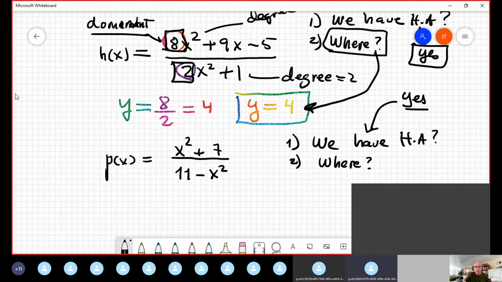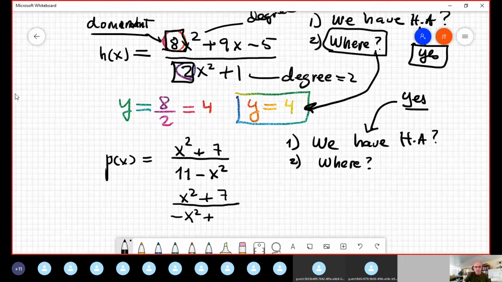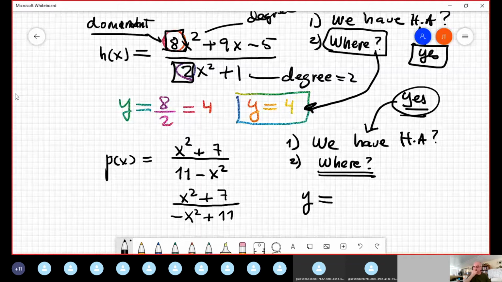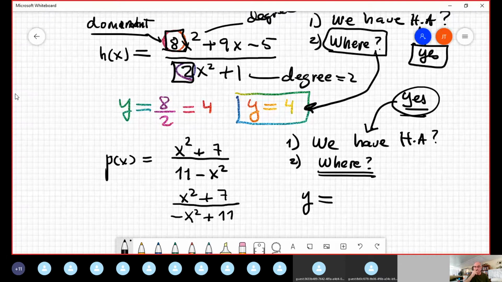Why? Because you can rewrite the bottom as negative x squared plus 11, so you still have x squared. Can you rewrite the bottom part like that? And you can see that the degree is the same, therefore the answer is yes. My question is where? Y equals something. What is the line that represents the horizontal asymptote in this rational function?